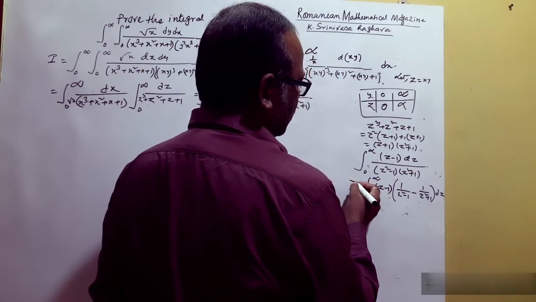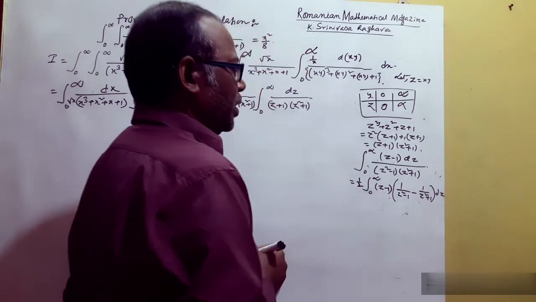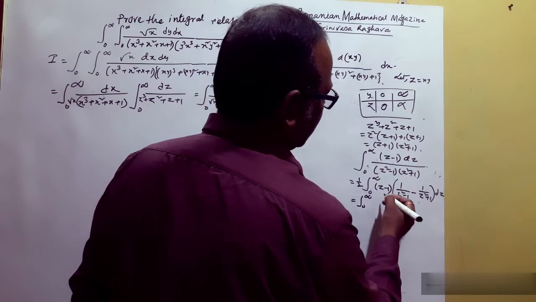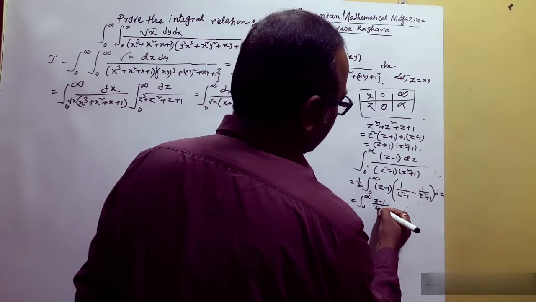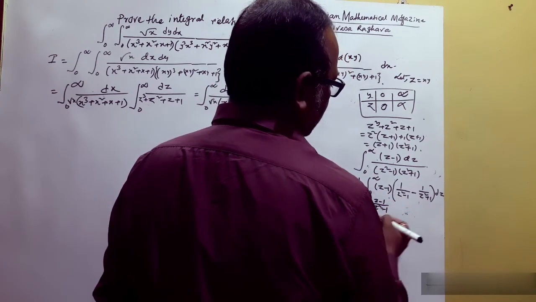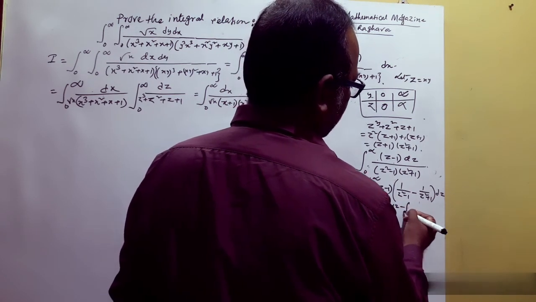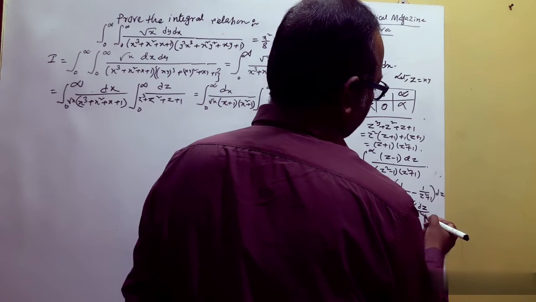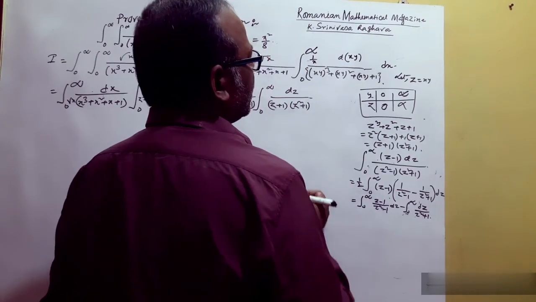So for balancing, we multiply by half. So this is 0 to infinity, z minus 1 by z square minus 1 dz, and 0 to infinity dz by z square plus 1.